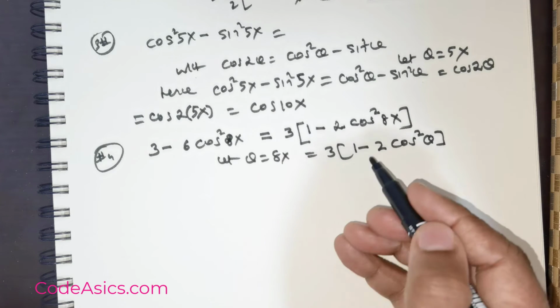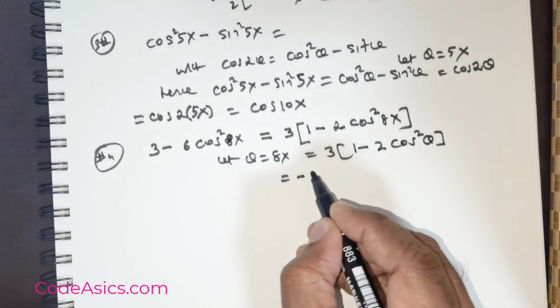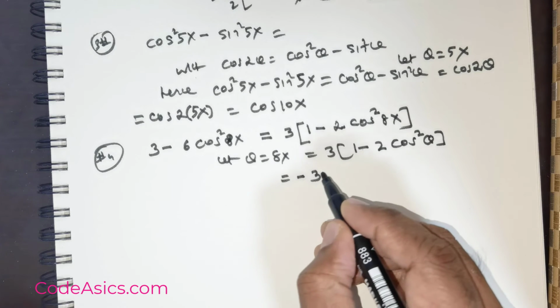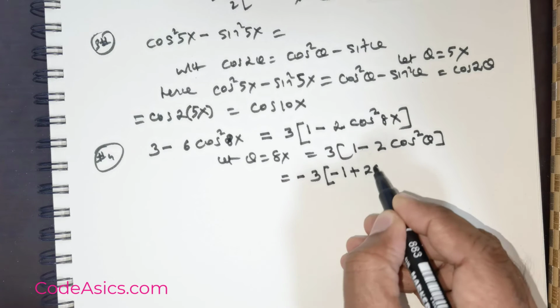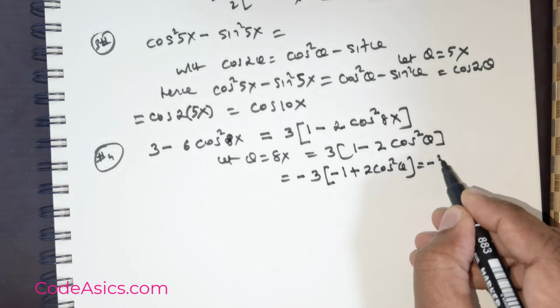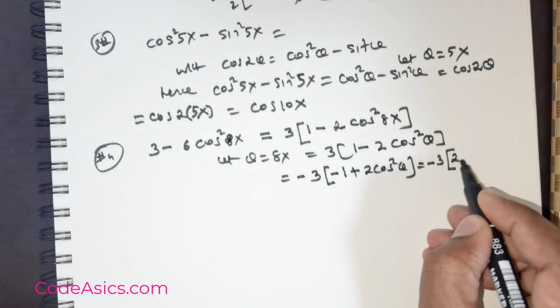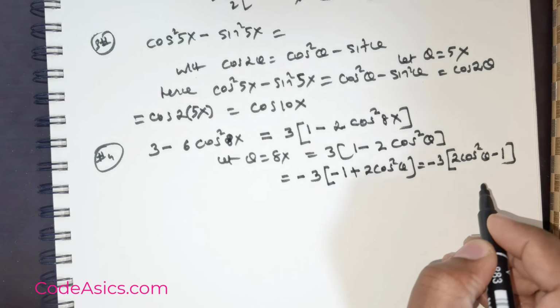Now if I take the negative sign out, this is going to be negative 3 of negative 1 positive 2 times cos squared theta, which can be rewritten as negative 3 times of 2 times cos squared theta negative 1, right?